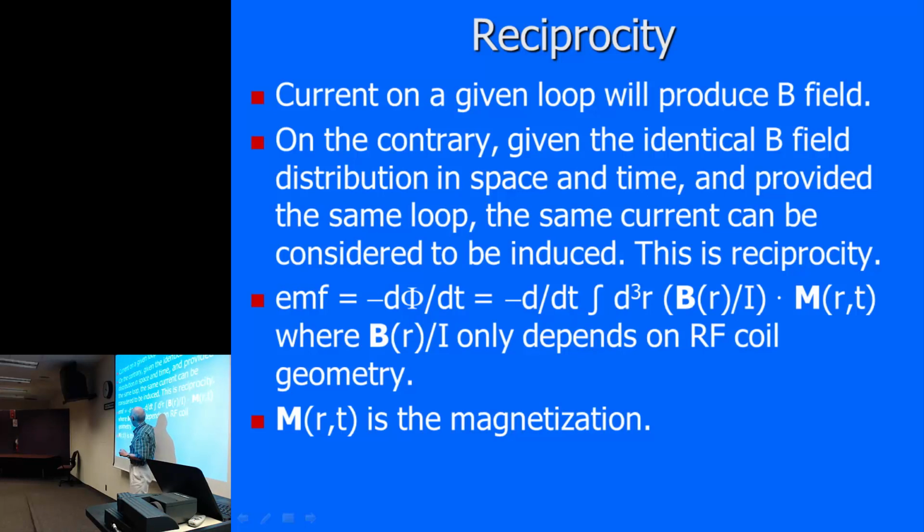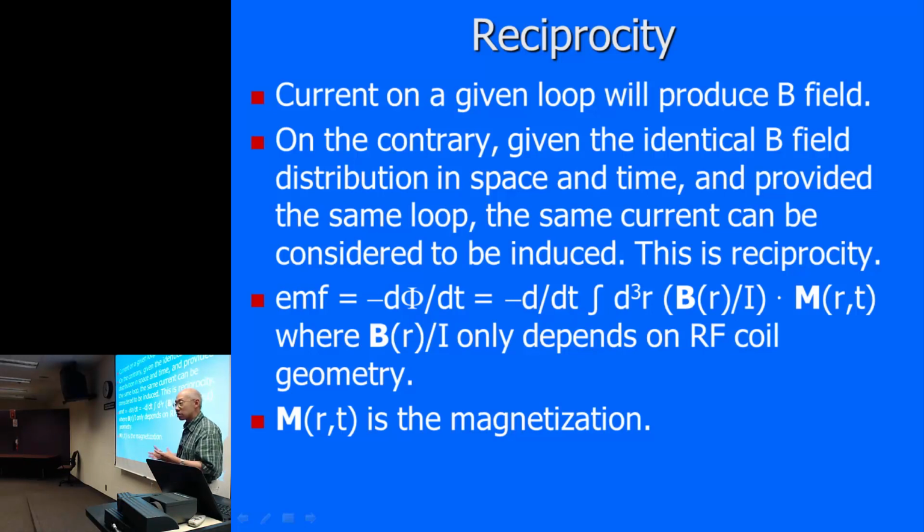Now, by reciprocity, by what I just described to you, if I have this moving field, I must have a current which corresponds to the distribution of that field, and then I can write down this equation corresponding to the EMF.